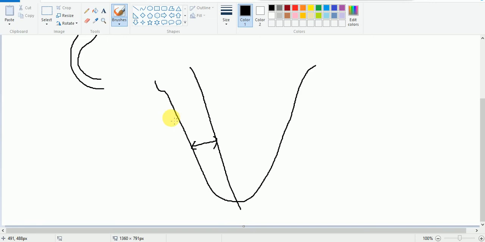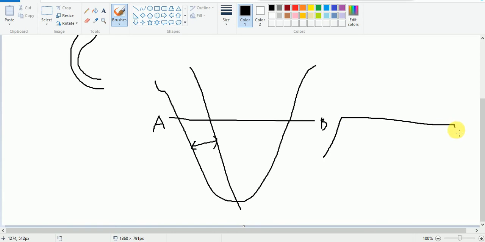For example, let us say here this is A and here we have B. This is the cross section along the line AB, and along this line, this part was subsided below the Arabian Sea.